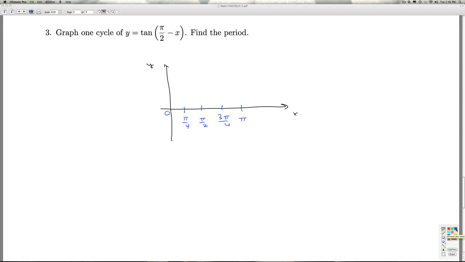When we plugged in pi, we got a vertical asymptote. When we plugged in 3 pi over 4, we got the negative 1. So I'll move that down there. At pi over 2, we got 0. At pi over 4, we got 1. And at 0, we got another vertical asymptote.